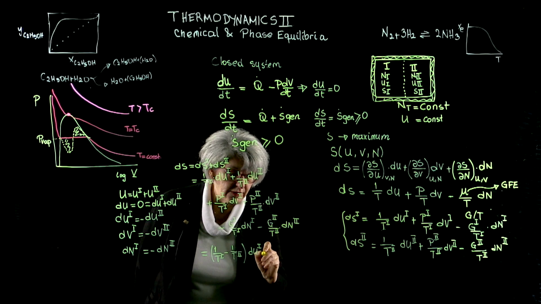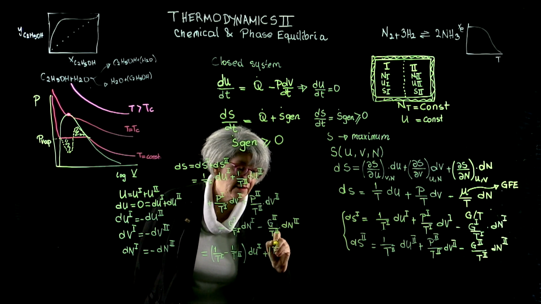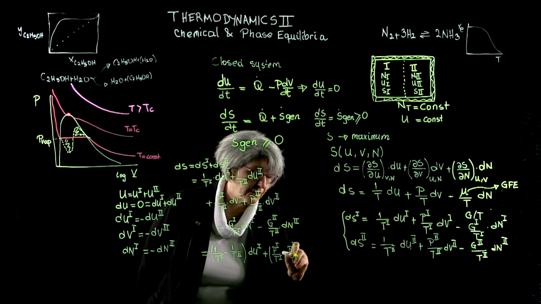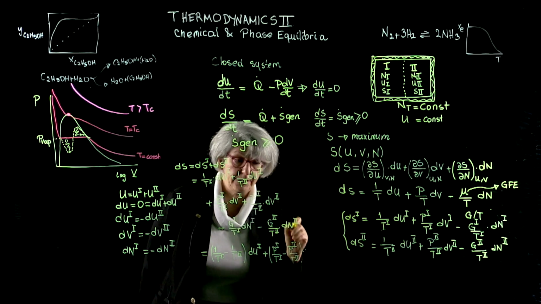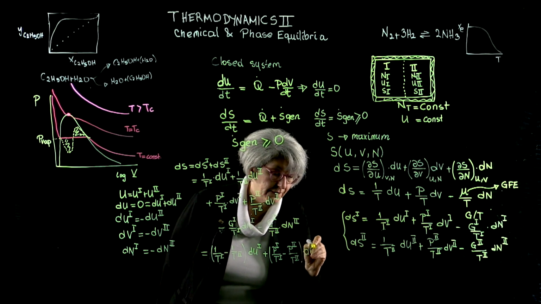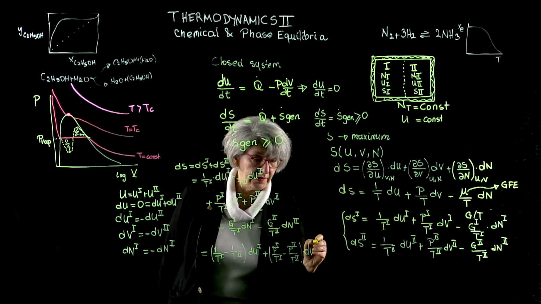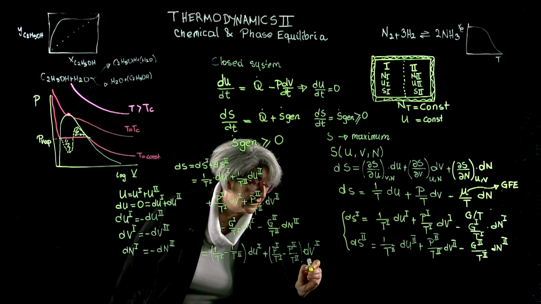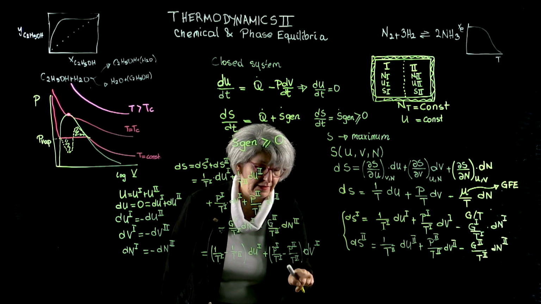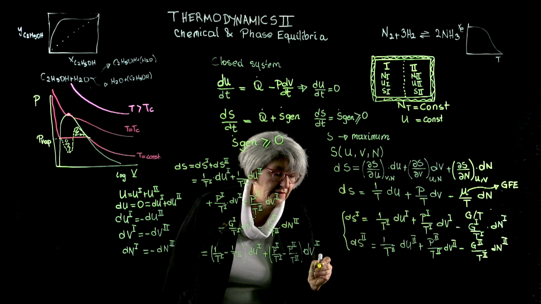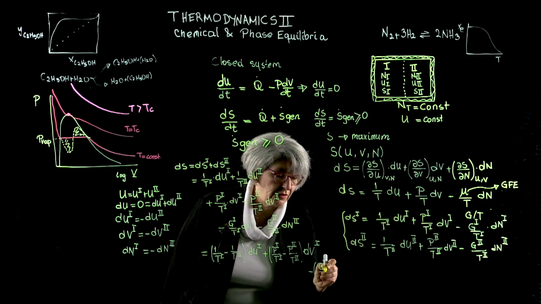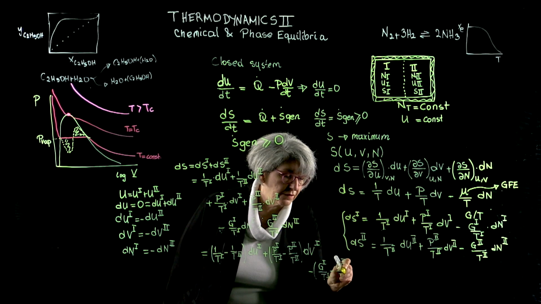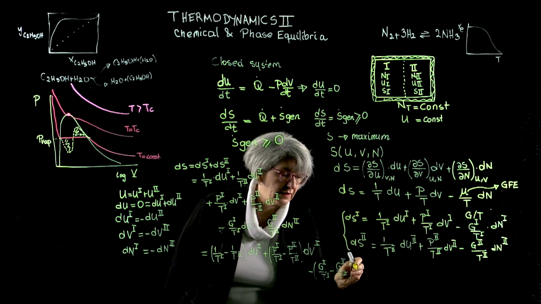Plus P1 over T1 minus P2 over T2 times dV1, not 2, and then I will substitute for N1, plus minus G1 over T1 minus G2 over T2 times dN1.